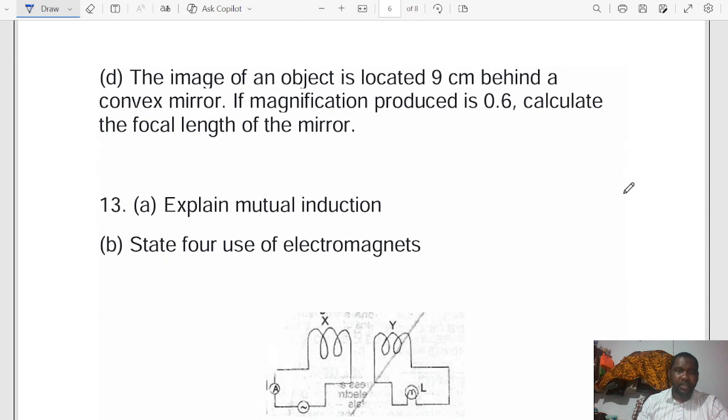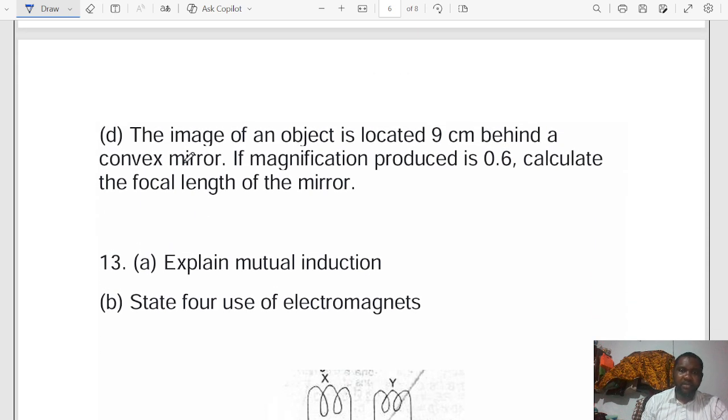Important, right? Now the D part says the image of an object is located 9 centimeters behind a convex mirror. If the magnification produced is this, calculate the focal length of the mirror. I think this is quite easy too. Given that the image is located at 9 centimeters, I can say the image distance is equal to 9 centimeters, behind a convex mirror.